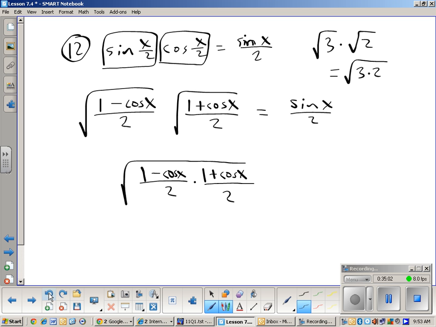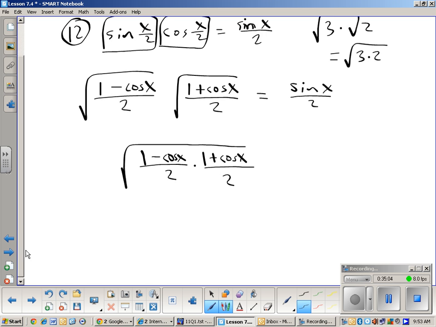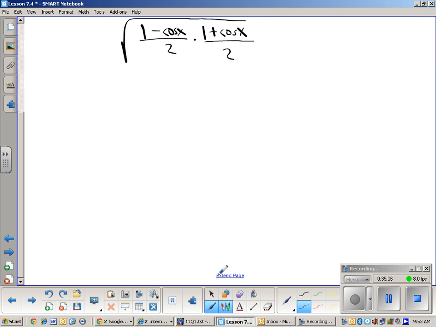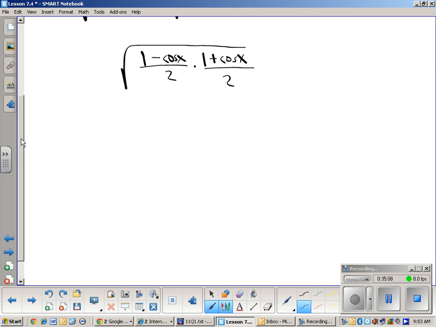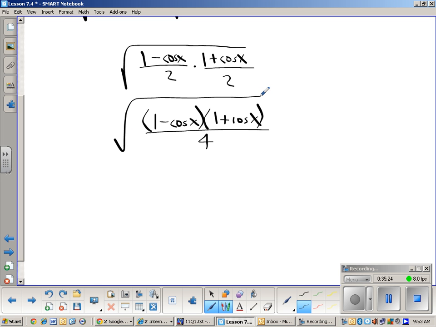Okay? So now, on top, I'm going to break this down. I have 1 minus cosine x times 1 plus cosine x. And on the bottom, I have 2 times 2, which is 4. And don't forget, I still have all this in the square root symbol.